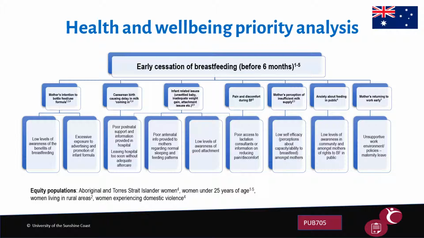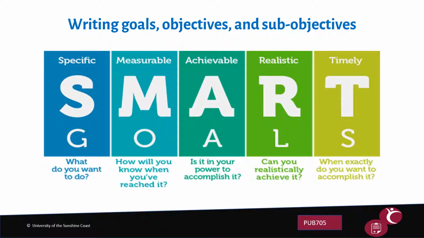So the literature always, or quite often, tells us what population groups are most at risk of a particular issue. So that will be something that you will need to look at and identify for your priority population or your priority issue. We then move on to develop and write goals and objectives.